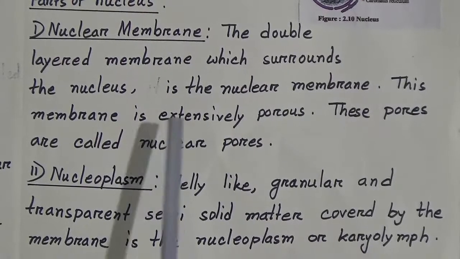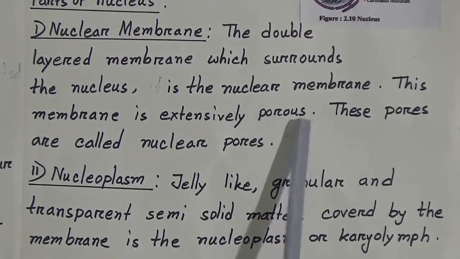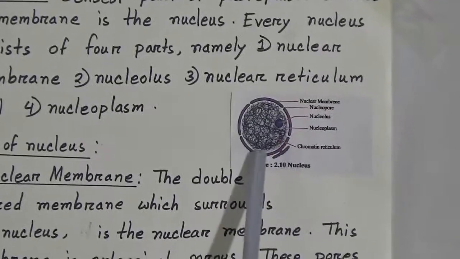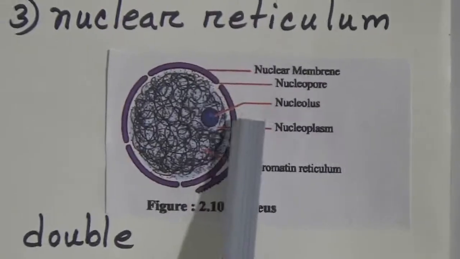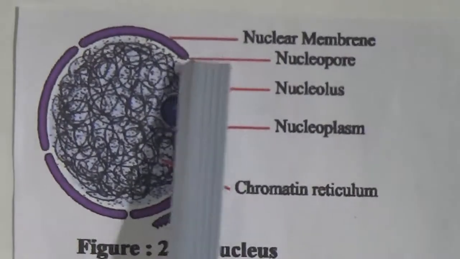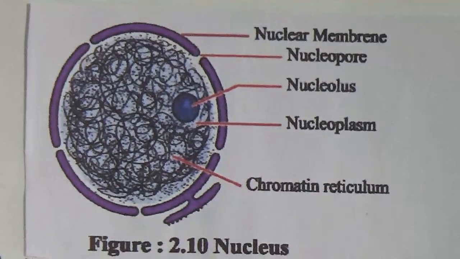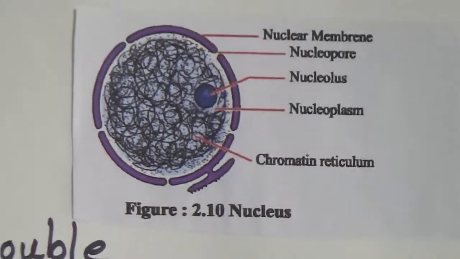This membrane is extensively porous. That means here is a pore. Look at this picture. This is nuclear membrane, and between two membrane we can see here is a pore. This is nuclear pore. These pores are called nuclear pores.